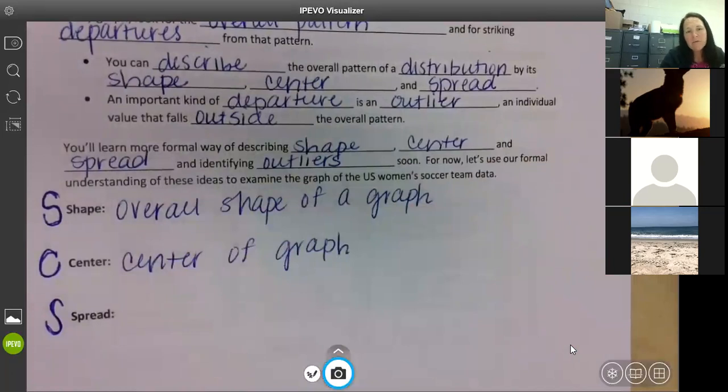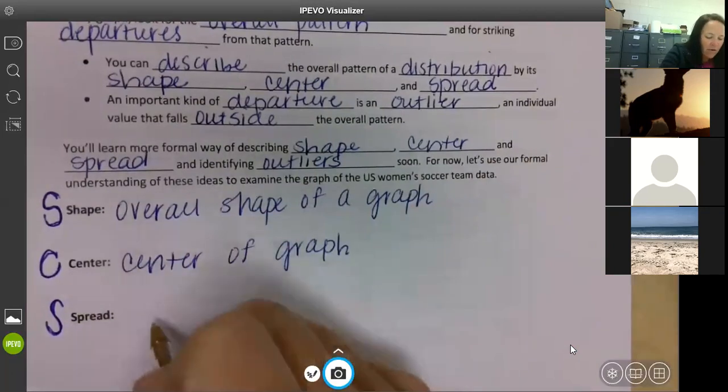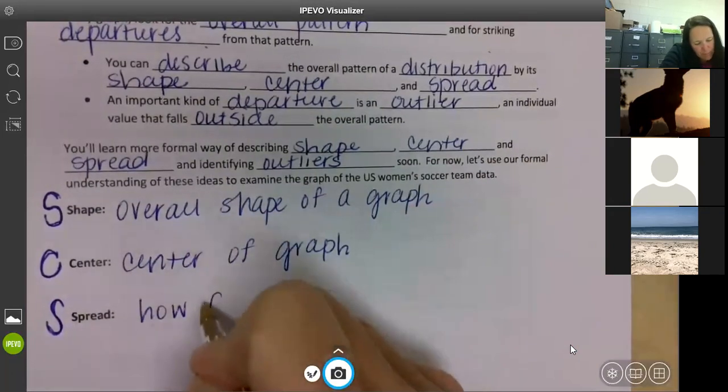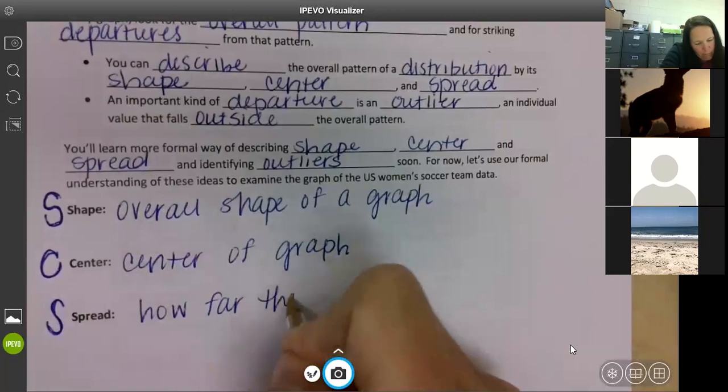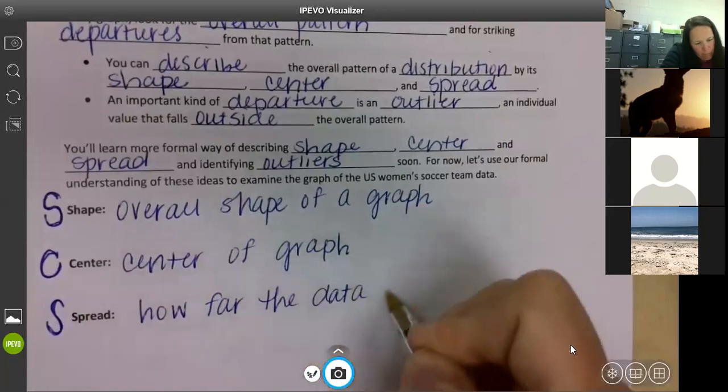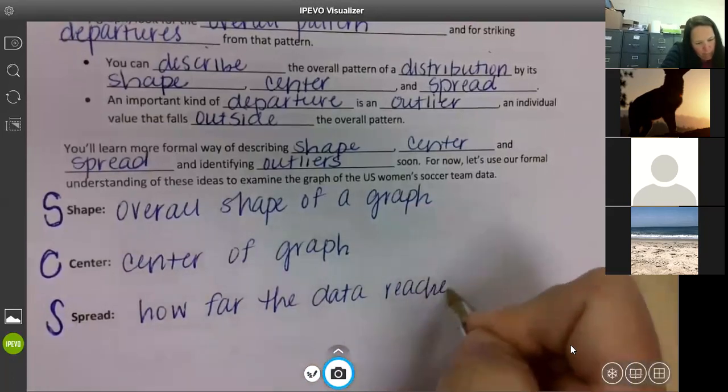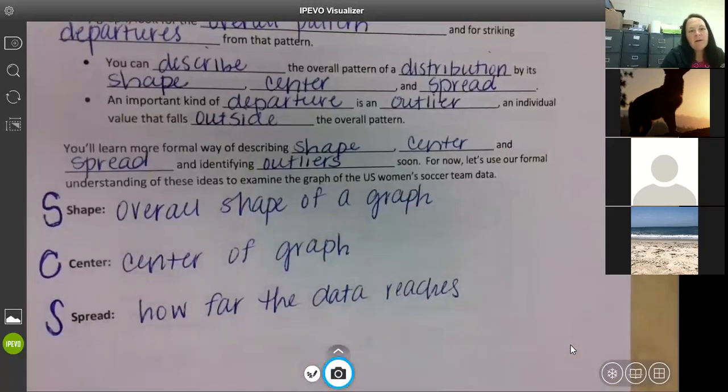It depends on the type of graph. And then the spread is how far the data reaches. And that's either going to be the standard deviation or the IQR. And IQR is interquartile range, and you did that in Math 1. So again, it's not hard work. It's just stuff you haven't done in a while. And that's it for this. That's all for this page. So we're going to flip over. There's not much on the next page either.